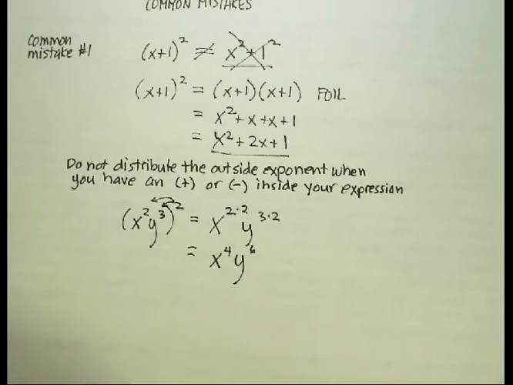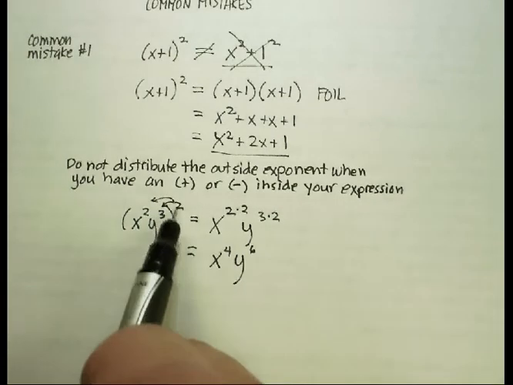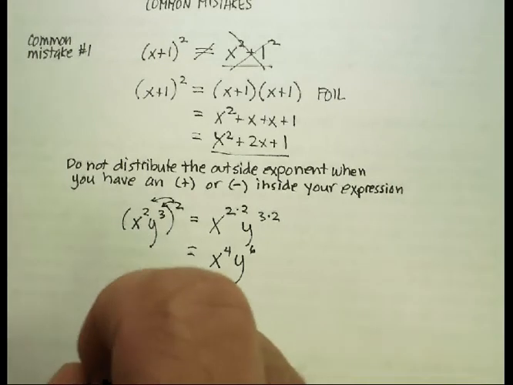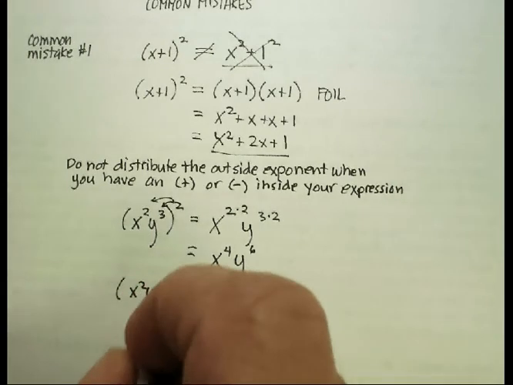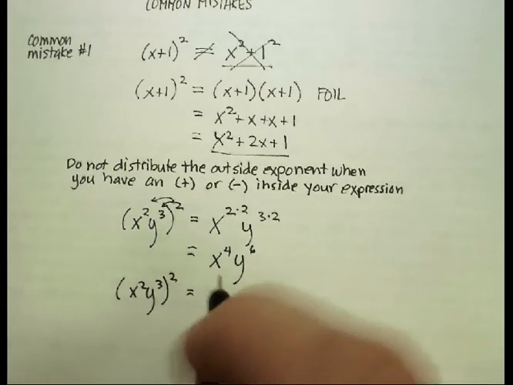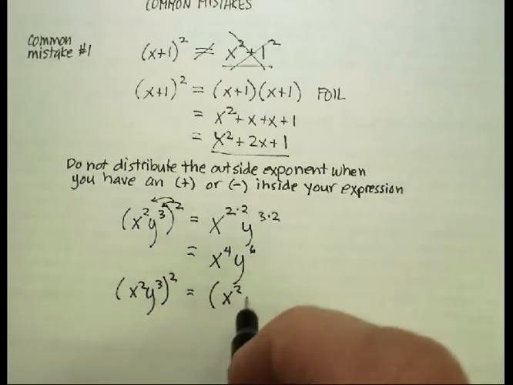Actually, you know what? Before I do that, let me show you another way. Remember what I said. This square means that you are multiplying two of these. So let me just rewrite the problem. This is just two ways actually to do the same problem. This is what I'm saying by saying that whole quantity is squared.